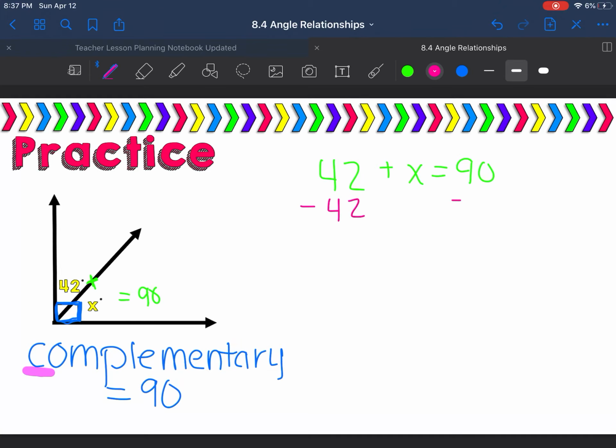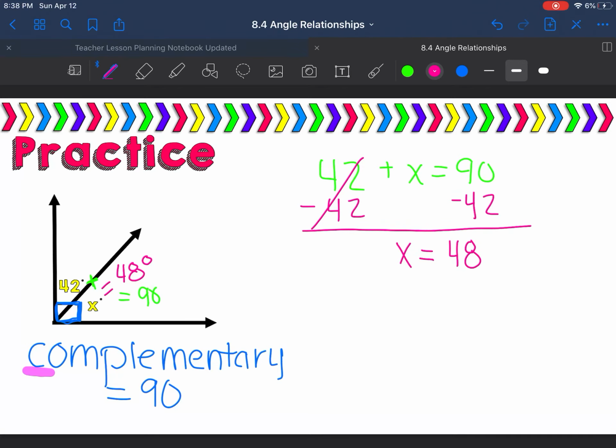The inverse of adding 42 is subtracting 42. So I'm going to subtract 42 on both sides. 42 minus 42 cancels out and leaves me with x. And 90 minus 42 is 48. So my angle x here is actually equal to 48 degrees.